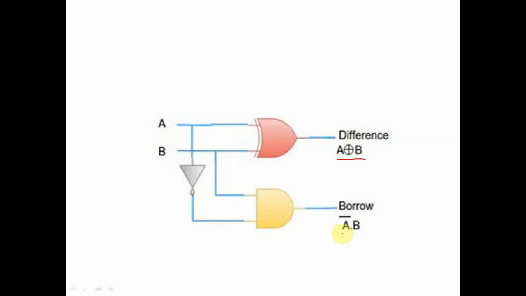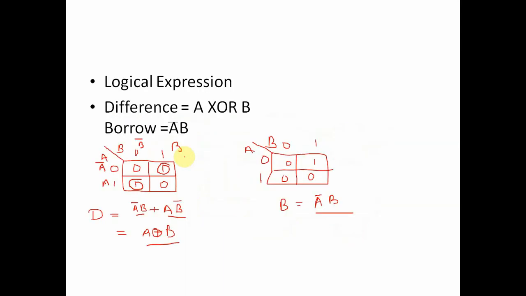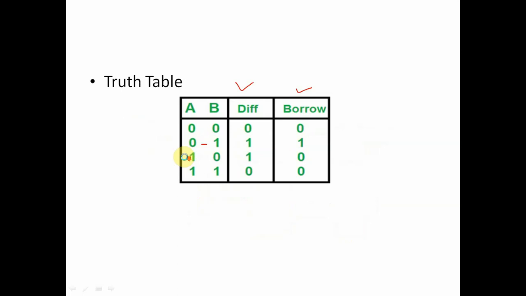After that, A is applied to a NOT gate, and the output is A bar. Together with B, in between A bar and B an AND gate is present. So this is the circuit diagram of the half subtractor.